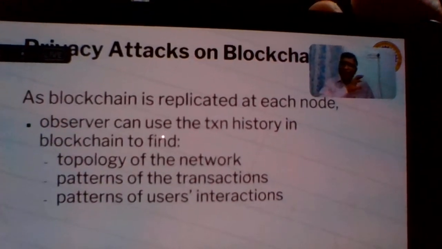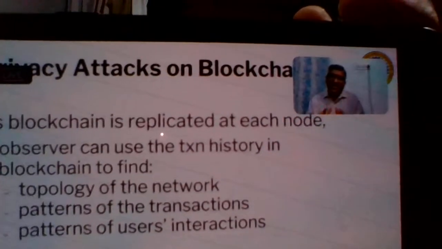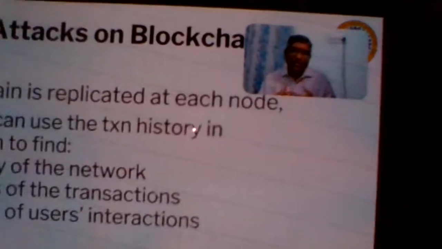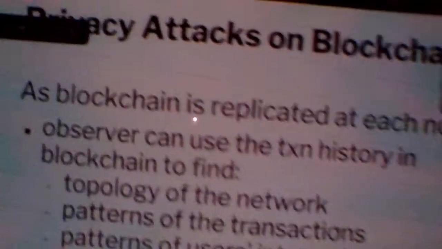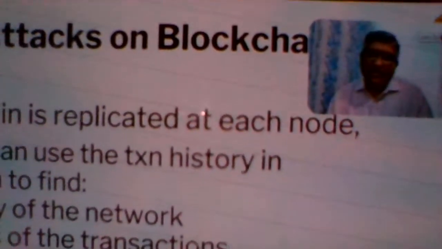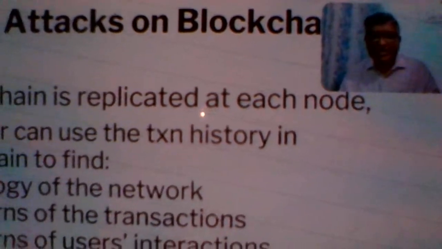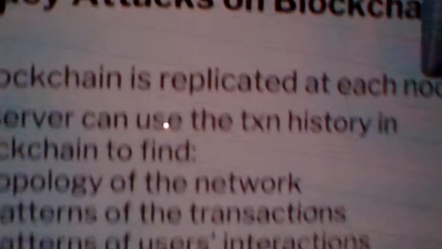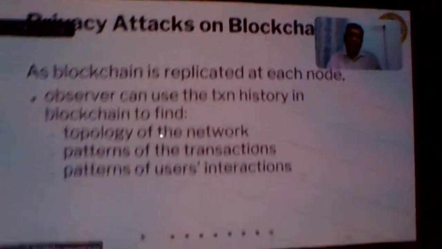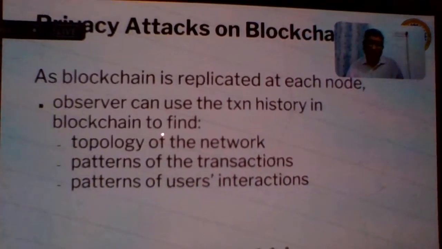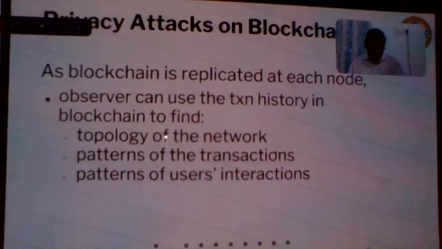As I told you, all the transactions are there, and then you can try to get to the network node where they are connecting from. You can get to their IP addresses to a large extent, and then you can look at all the transactions that they're doing. You can see all the user interactions as well.